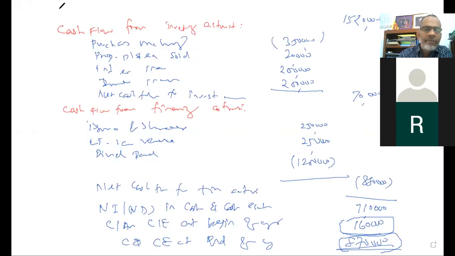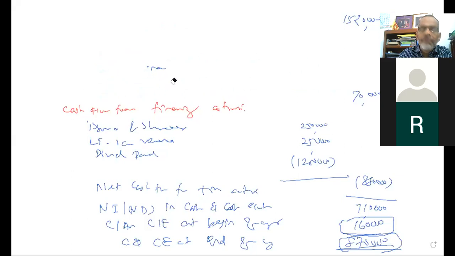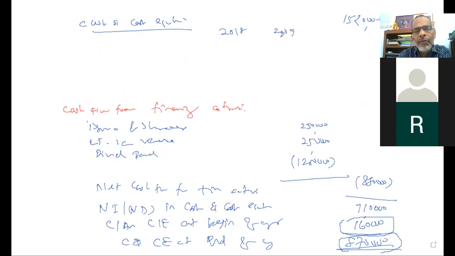Cash and cash equivalent, you have to record 2018 and 2019.